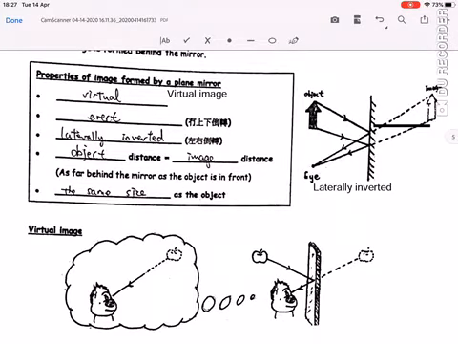Of course, this drawing is not the best demonstration, but the idea is that you will have the same distance. That's what they're trying to tell you in the next part.